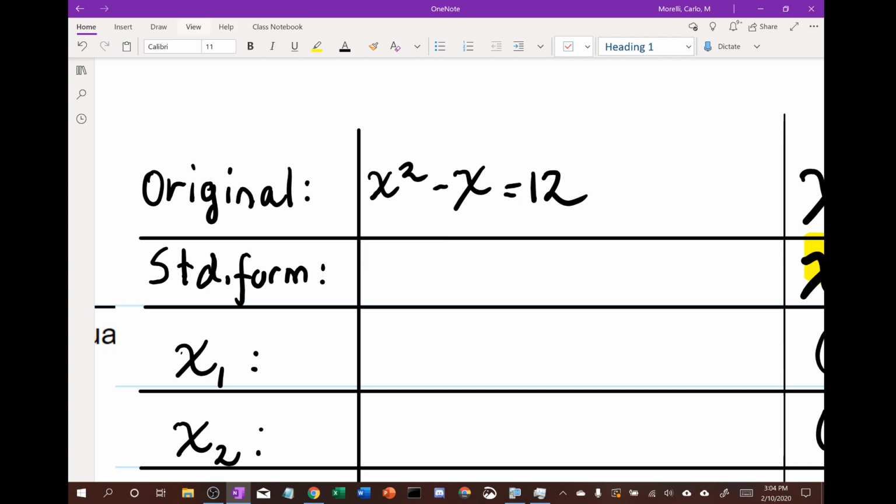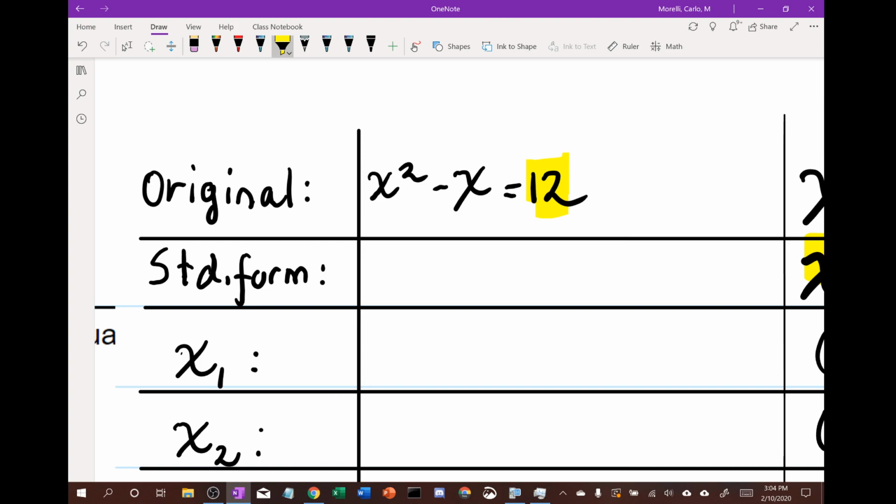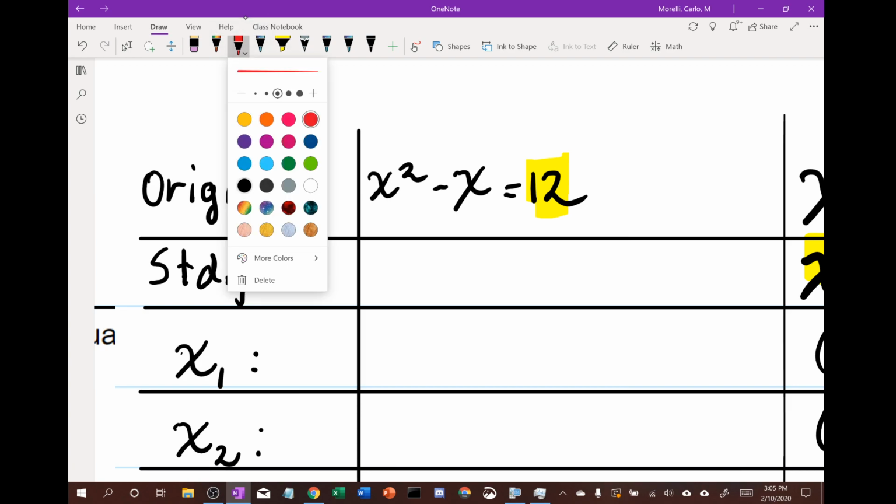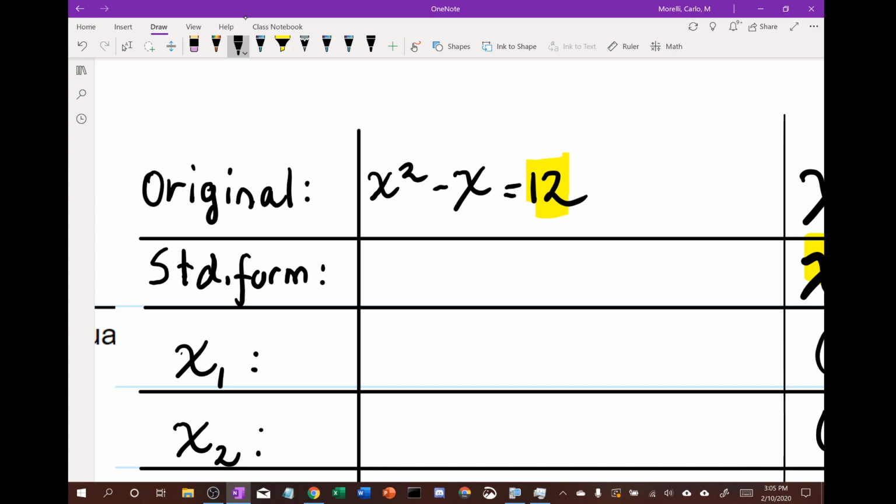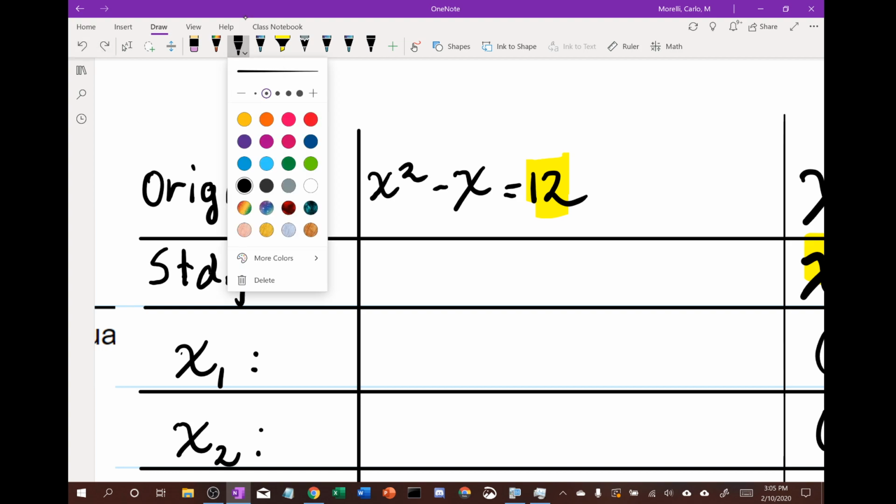So the reason this is not in standard form is because on the right side there's a 12, and that can't be there. It's got to be a 0. So the way that I move the number over to the other side, which is where it needs to be, is by doing the opposite operation.